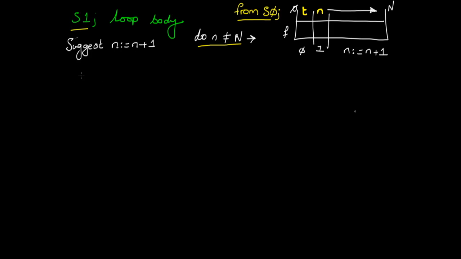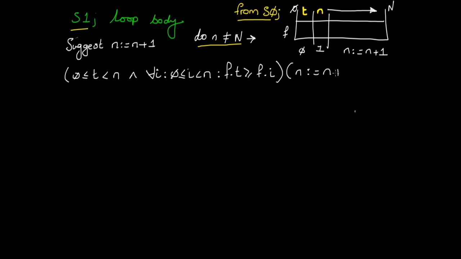And this time we only take the P0 part of our invariant. So we'll say t greater than or equal to 0 less than small n, and for all I greater than or equal to 0 less than small n, f dot t greater than or equal to f dot I, and we will substitute in n becomes equal to n plus 1 in order to make progress.